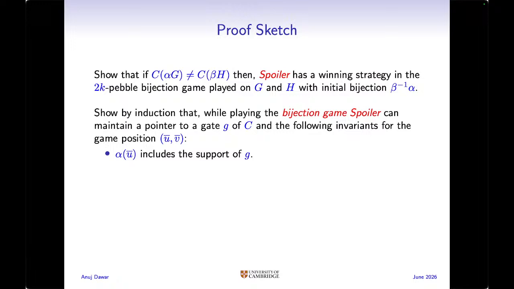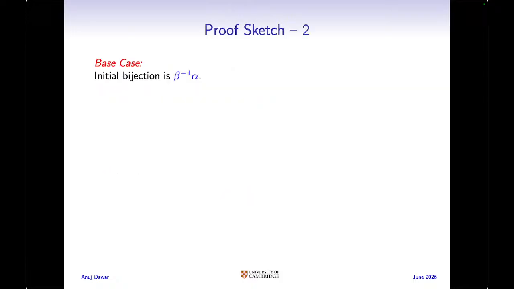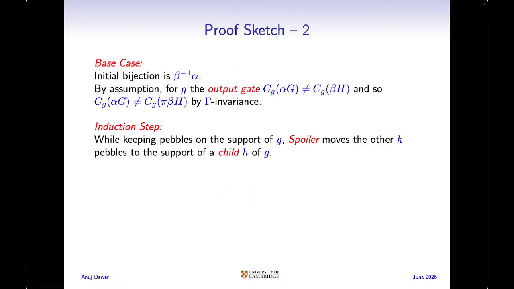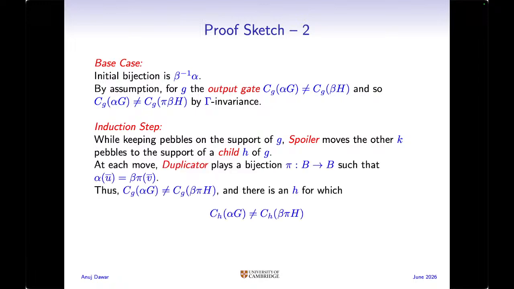Duplicator can keep changing the bijection by permutations in gamma, but we know that permutations in gamma which fix that support don't change the value of that gate. And once the support is pebbled, you then move on to a child of that. And 2k pebbles suffice because you have k pebbles placed on the support, and you need another k to pebble the support of a child, and then the first k can come off. Okay, that's roughly it. So I won't go over all this.